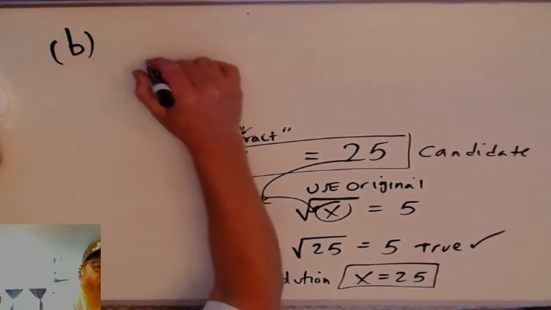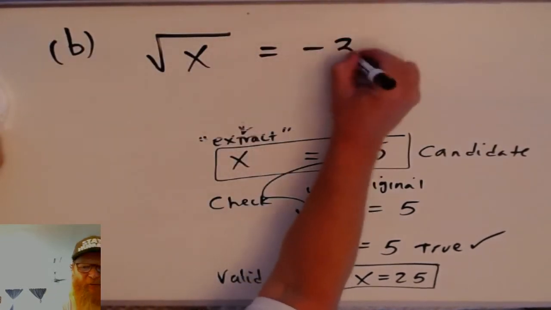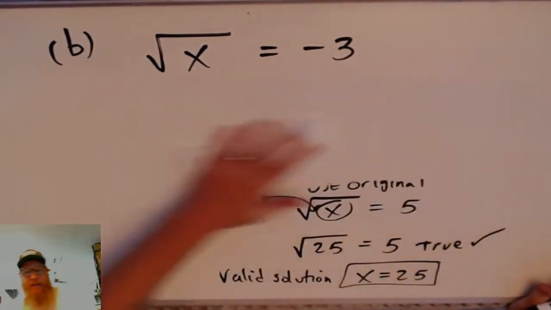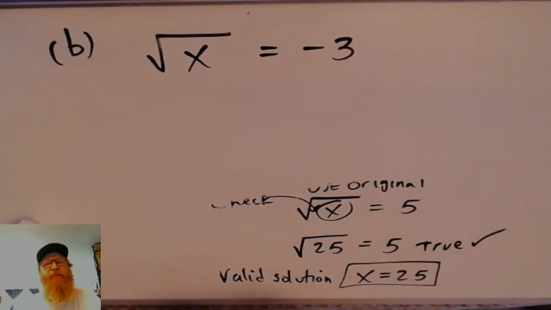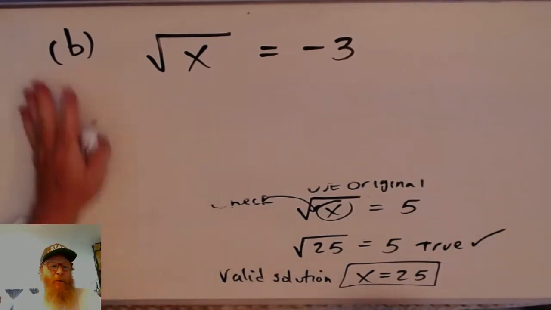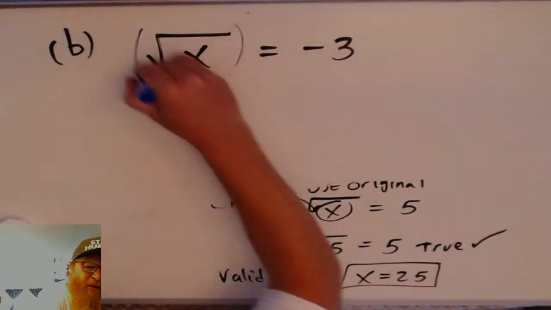I could keep this going. How about square root of x is equal to -3? Just call this part B. Square both sides.